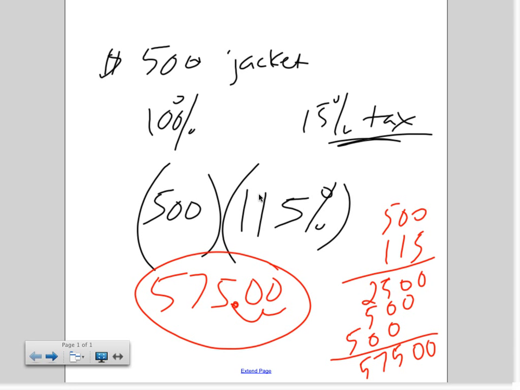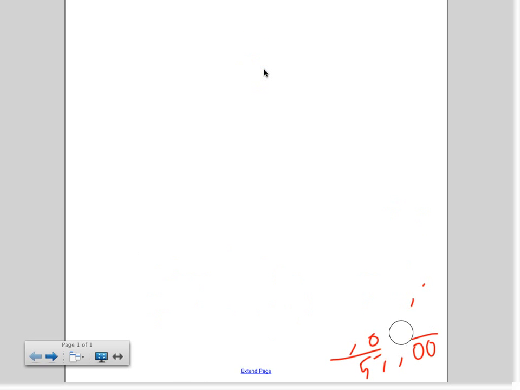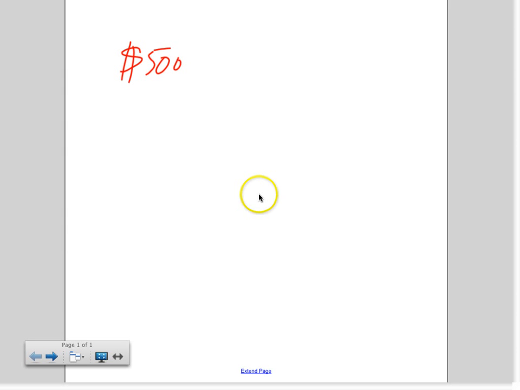So either way, Jose, it's fine with me. I don't really care. So here's another scenario for you. At this point in time, it's still a $500 jacket, but because this is at Ross, not at Nordstrom, Ross gives you a 60% discount on this jacket.